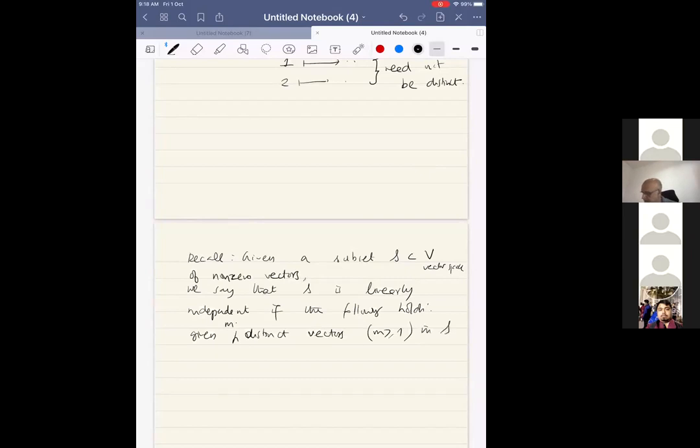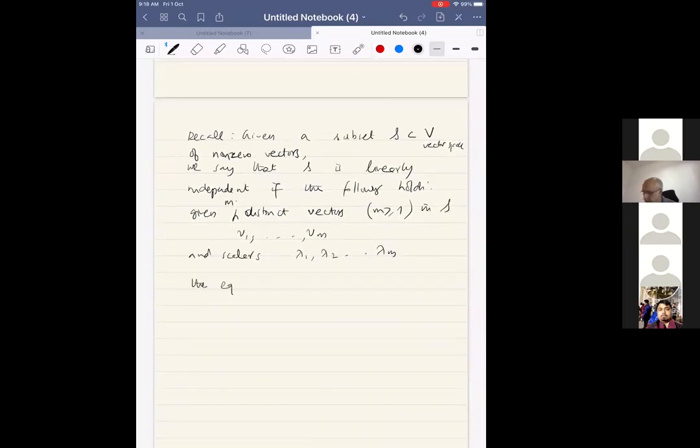In S, v1, ..., vm, and scalars lambda 1, lambda 2, ..., lambda m.